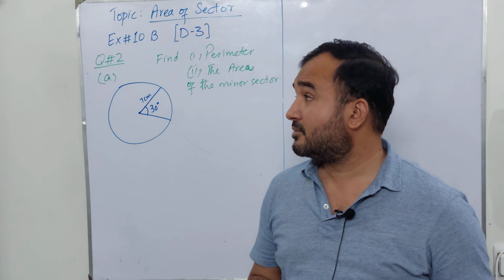Since this is area, for area we have to use the square of a unit, which is centimeter square. So that is the area of the sector. We found both things, perimeter and area, using these two pieces of information: radius, which is 7, and angle, which is 30.